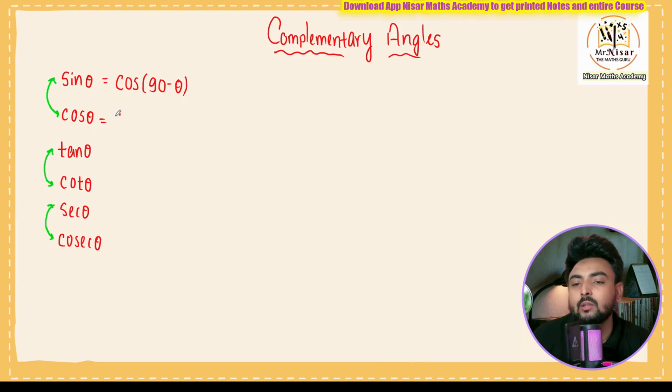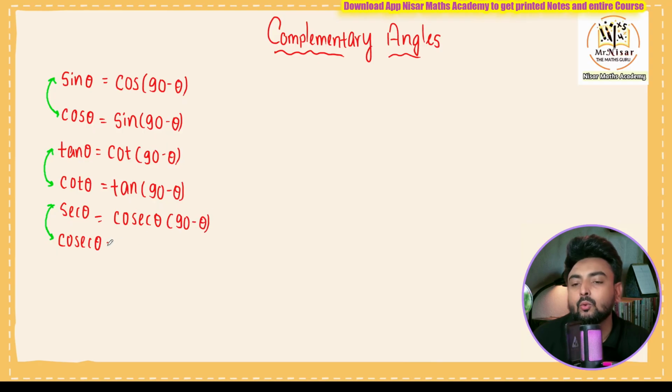Cos theta is sine 90 minus theta. Tan theta is cot 90 minus theta, and cot theta is tan 90 minus theta. Then sec theta is cosec 90 minus theta, and cosec theta is sec 90 minus theta. These are the complementary angles to each other.